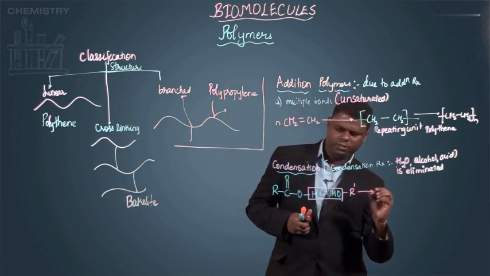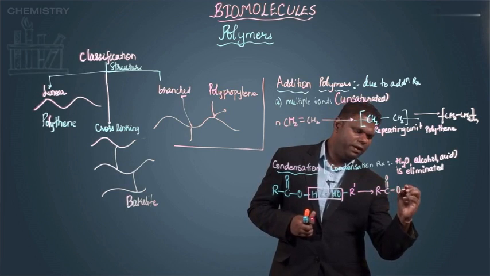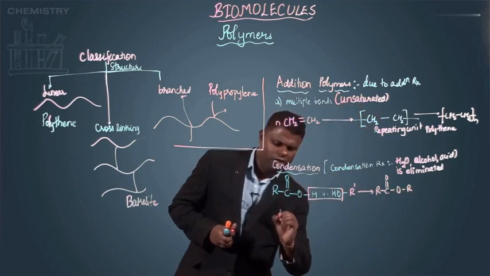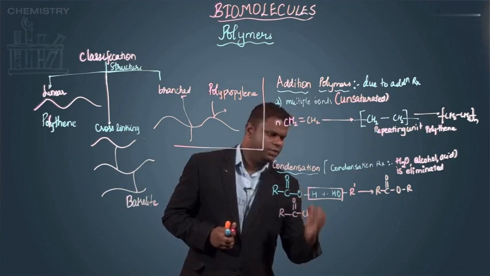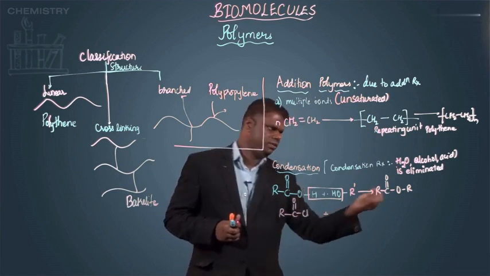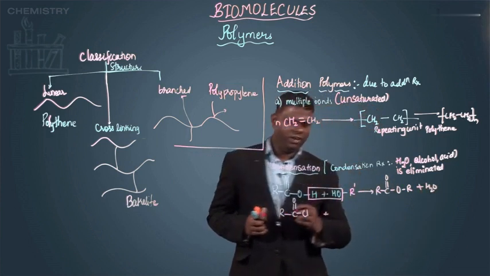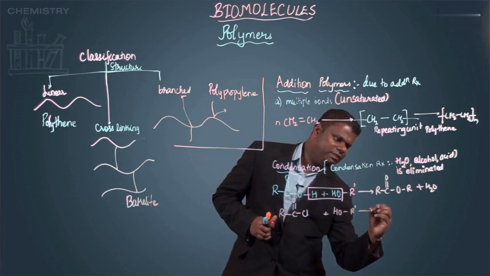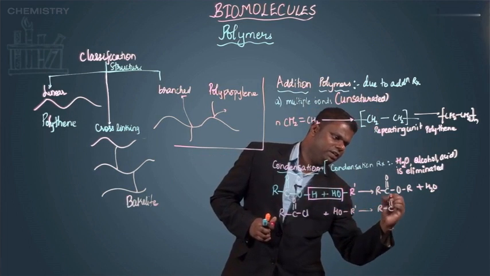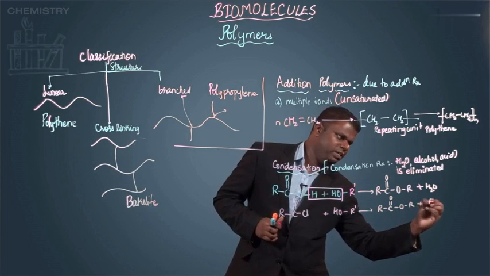So you get RC=O OR'. Now instead of an acid, if you have an acid chloride, then you could simply say that this gives an ester and it gives HCl, right?